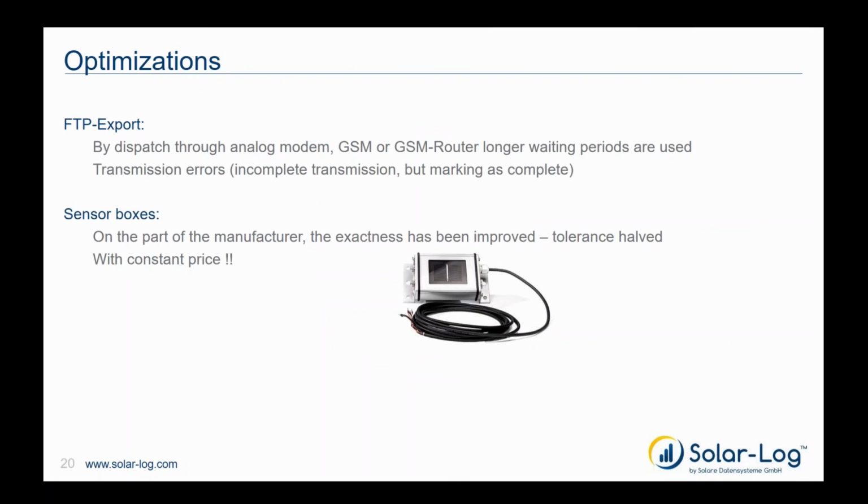If you transfer data through slow connections like analog modem or GSM router, we implemented some longer waiting periods. And for the sensor boxes, the manufacturer of these devices has improved the exactness at a constant price, so we have a better feature also with this.